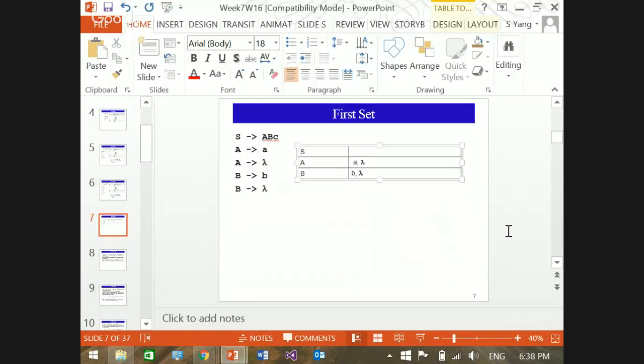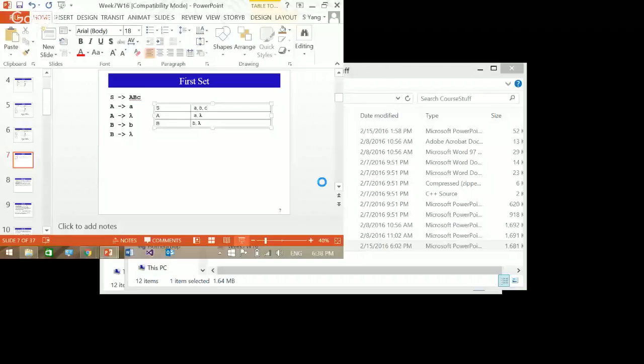Okay, and then S's first set is big A, but because big A could go to lambda, I also have to consider the big B, and I also have to consider the C, because both A and B could drop out, right? You see that? Let me put this back. Okay, now I'm gonna put it full screen so you can actually see.